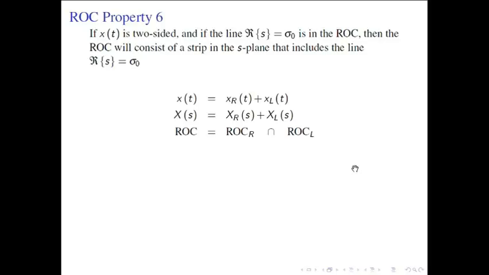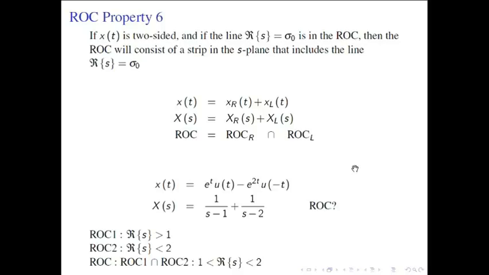Okay, so it is actually a combination of a right-sided and a left-sided signal. And if x of t is the summation of the right-sided signal x_R(t) and the left-sided signal x_L(t), then its Laplace transform will also be like this, and its final ROC will be the intersection of the ROC of the right side and the ROC of the left side.